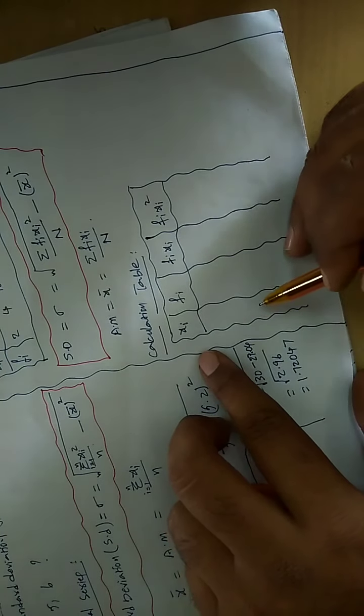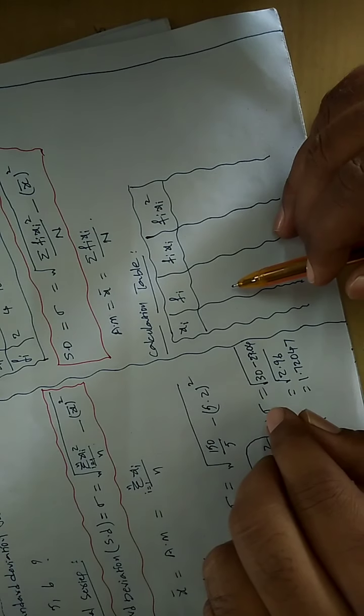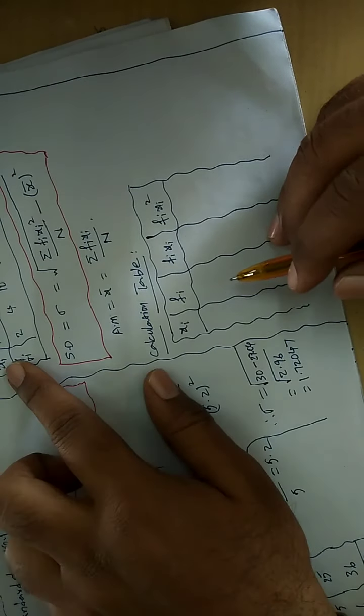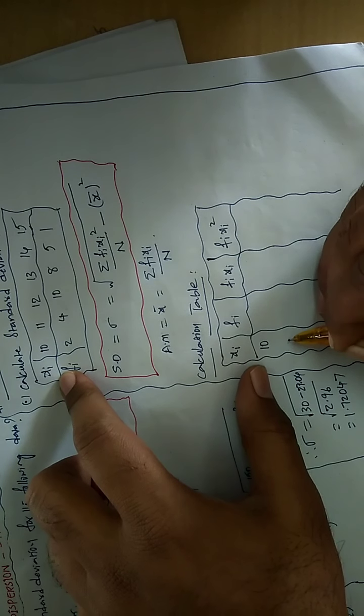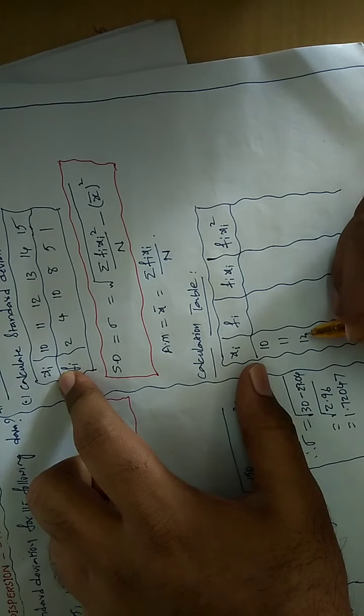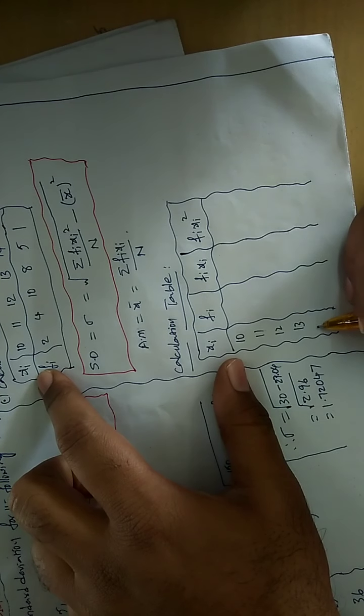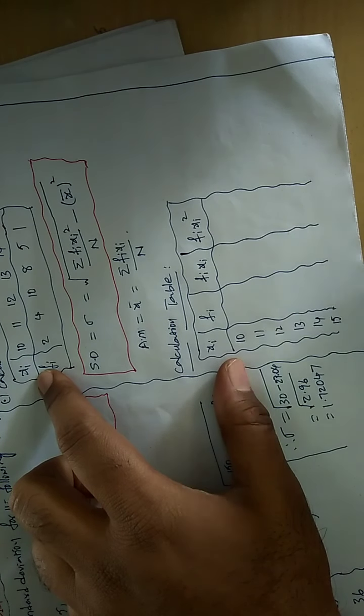Now we actually fill up this table, with whatever given values are there first. What are the xi values? 10, 11, 12, 13, 14, 15.